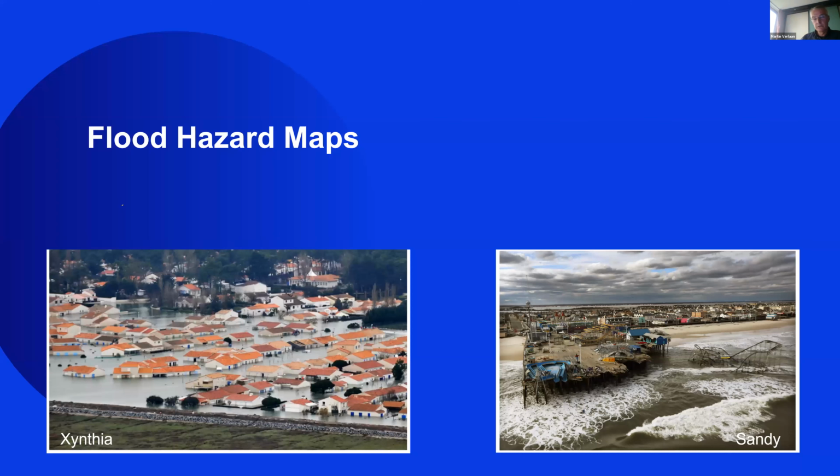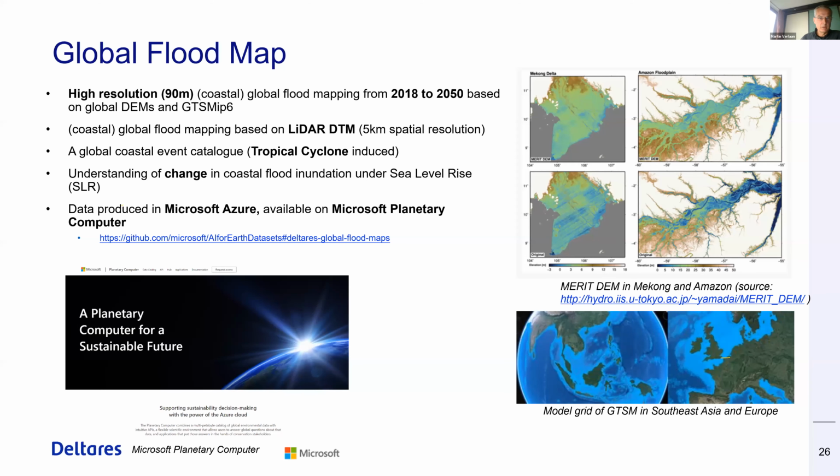And finally, I wanted to mention a recent project we've been doing on hazard maps, flood maps. We've been doing this together with Microsoft and their Planetary Computer.